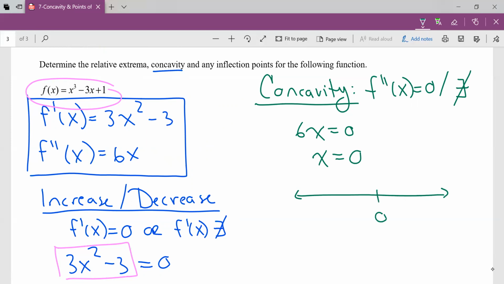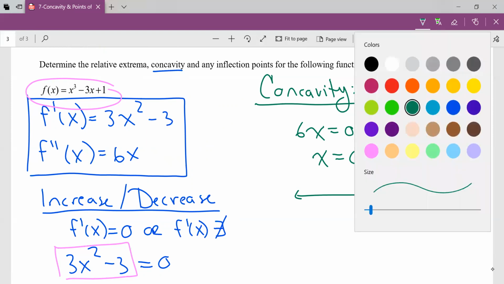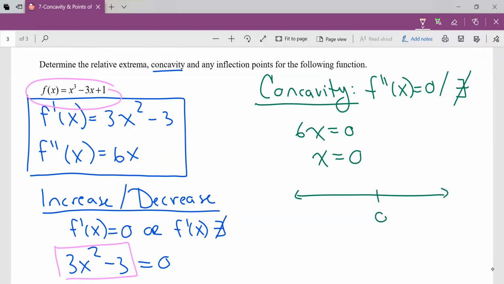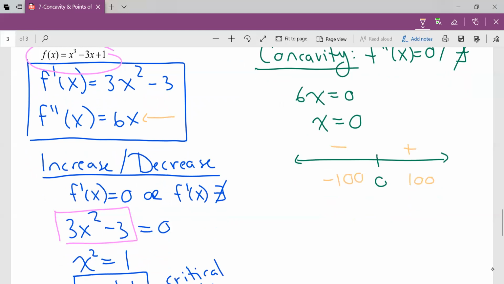Essentially, I repeat the process I did with the first derivative. So I take a number to the left of this significant value of 0. Again, I just like to be ridiculous and go -100 and +100. Now I sub that back into my second derivative. Well, it's easy to see. It's negative and then positive. So what does that tell me?